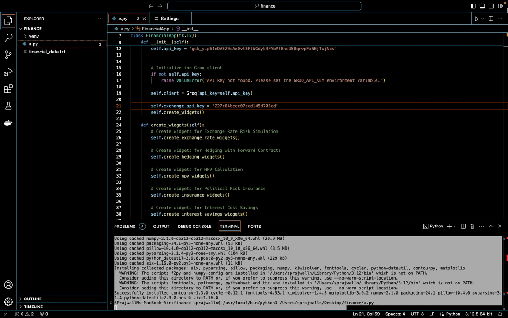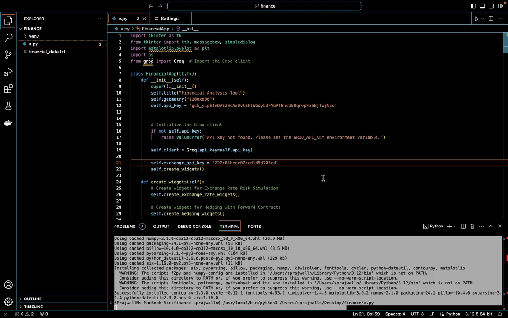As I was mentioning, we are using AI tools like Grok AI for our report and analysis generation.